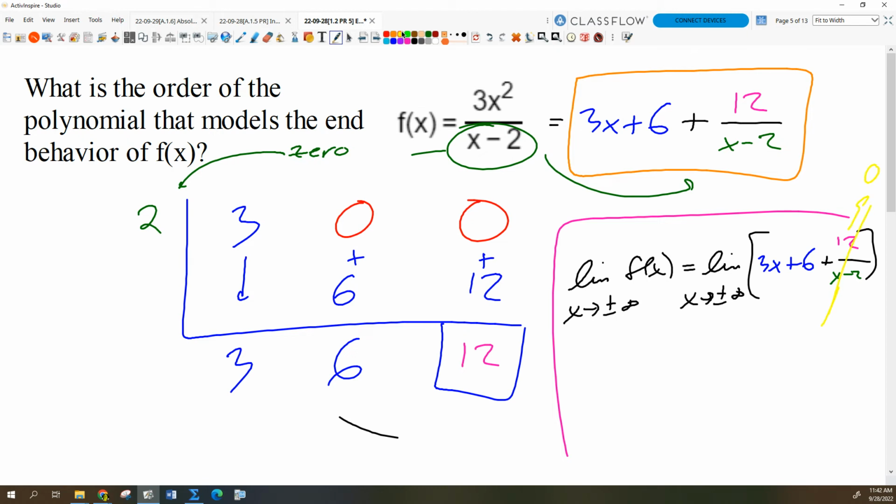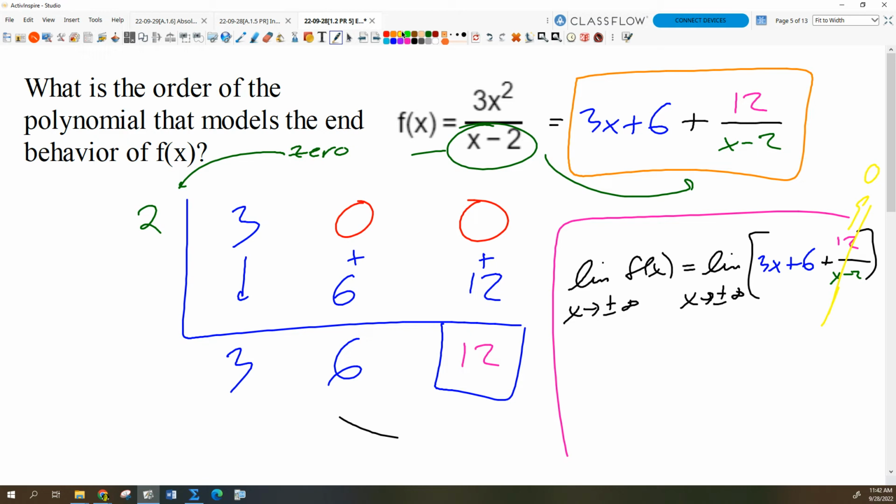So that's gone. And yeah, sure, that first term is going to dominate, but when that goes to 0, this tells us exactly what the equation of that slant asymptote is going to be, right? It's going to be the line 3x plus 6. Because as x approaches infinity, this other term just goes away, right? It becomes insignificant.